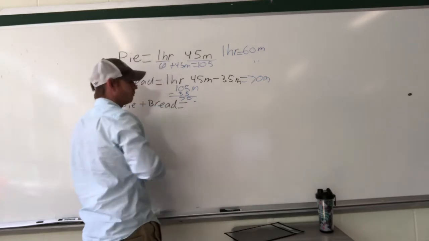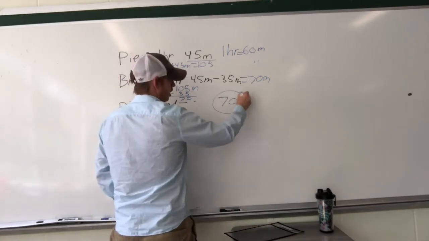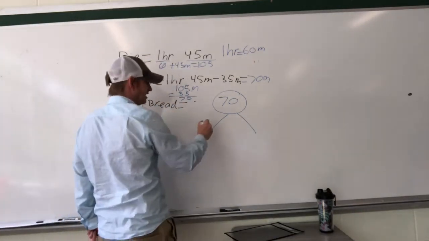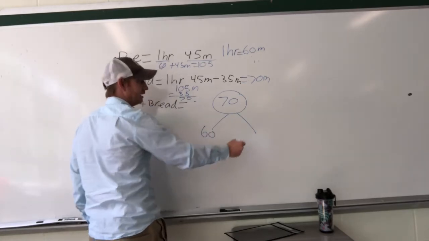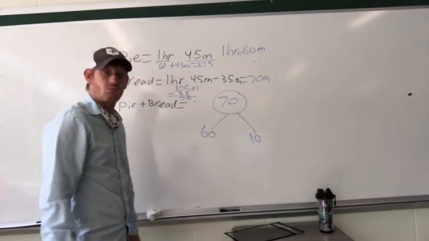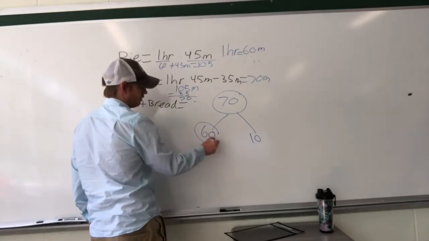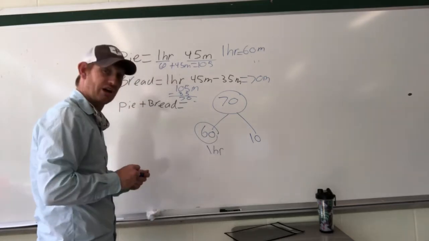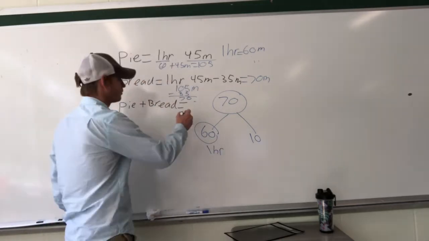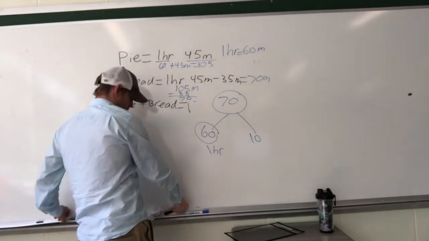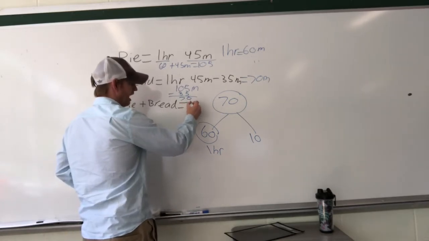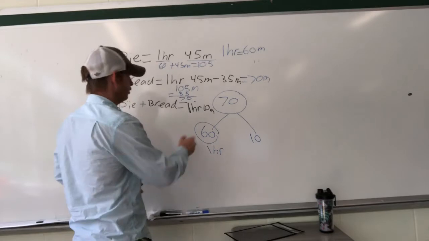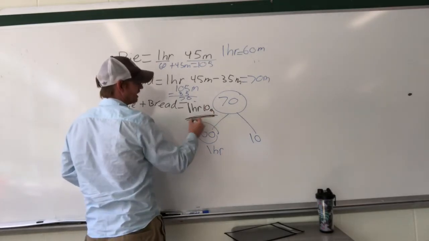One way would be to make a chart. 70 is equal to 60 and 10. 60 is 1 hour, and I have 10 minutes left over. So my answer would be 1 hour and 10 minutes. So my final answer was 1 hour and 10 minutes.